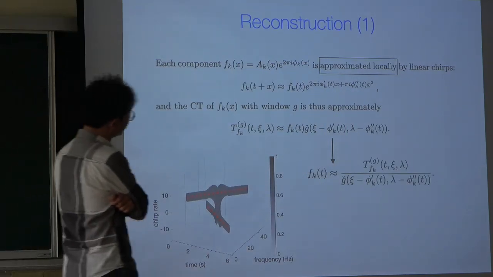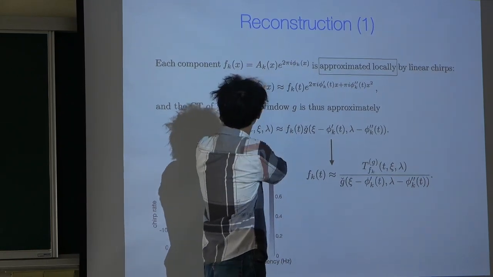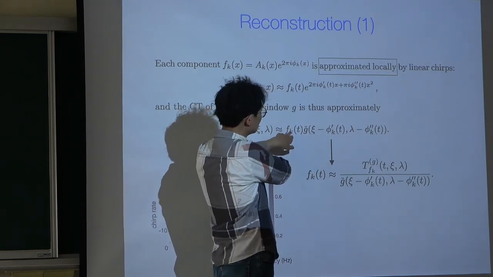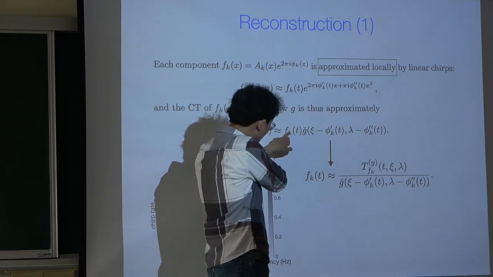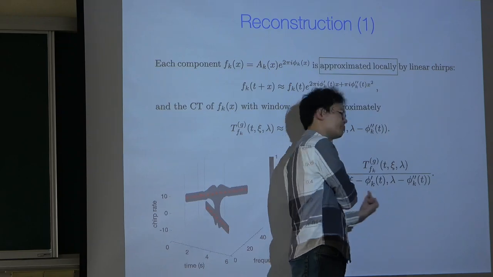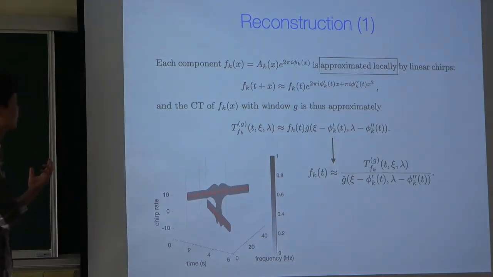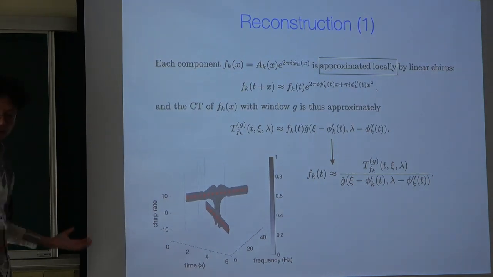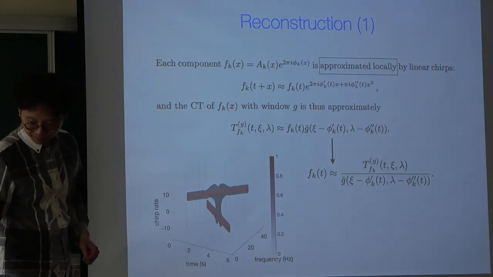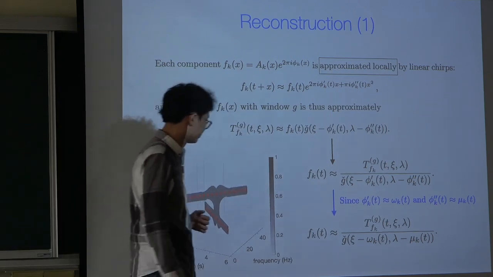So we can say, hey, from this formula, then f_k, the k-th component, we can approximate it by just doing the Chirplet transform and dividing by G check. That's not crazy, right? That is what we can do. But would that really be the best?